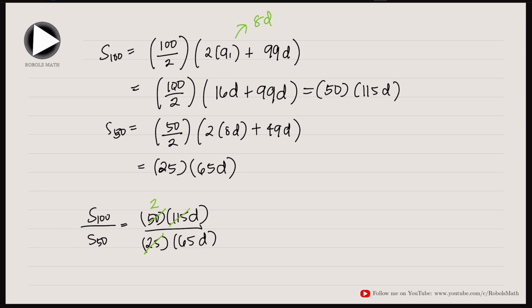So if we divide both, we get 23 here, and then 13 on the denominator. So we're left with 2 times 23 in the numerator, and 13 in the denominator, and that gives us 46 over 13 as our answer.